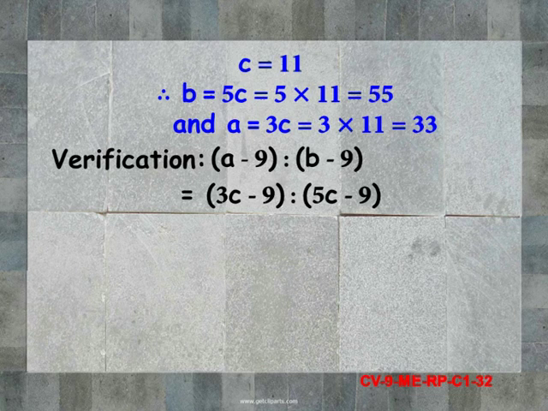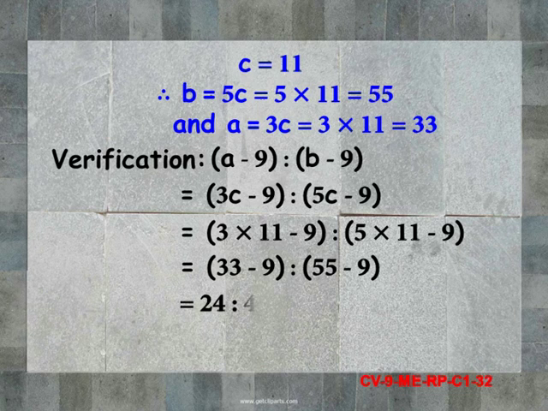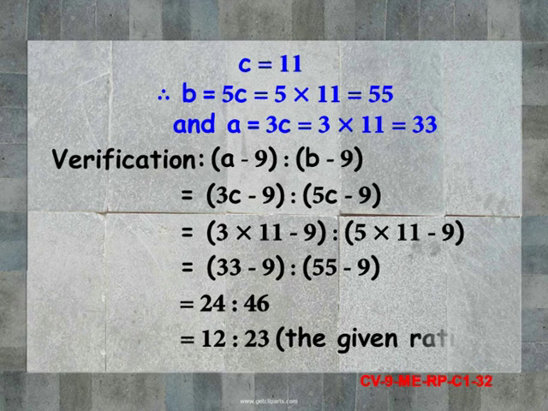By substituting C is equal to 11, we get 3 into 11 minus 9 is to 5 into 11 minus 9. That is 33 minus 9 is to 55 minus 9. That is 24 is to 46. By dividing by 2, you get 12 is to 23, which is same as the given ratio. Hence, verified.